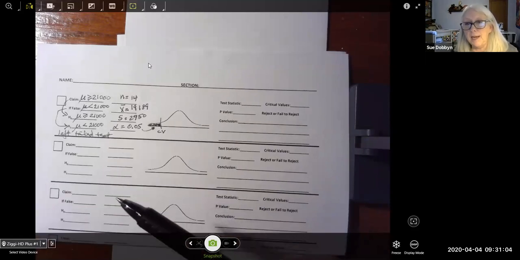So I'm going to change the share to StatCrunch here. It's going to take me a second to do that. Here's StatCrunch. Okay, wait, I've got to find it because it does not seem to want to find it. Let's try this.